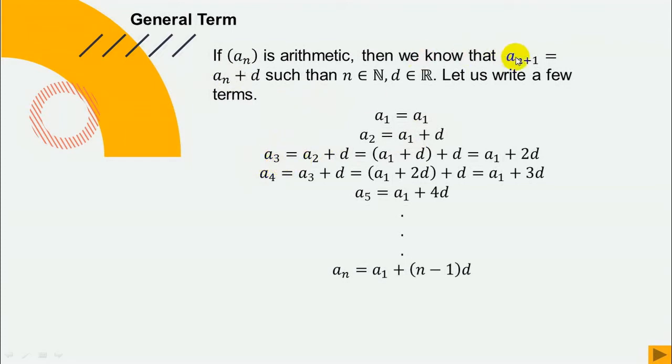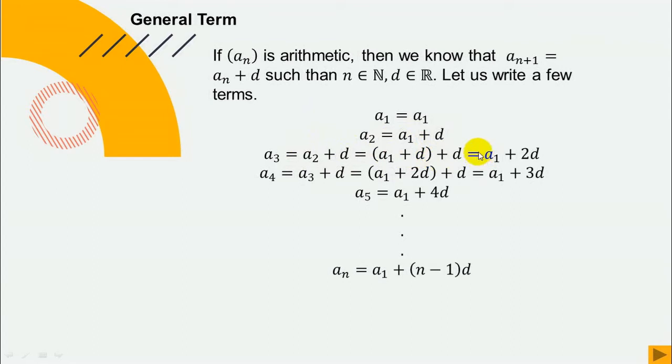So n is 2, 2 plus 1 is 3. And then in here, a_2 plus d, because we got a_2, the second term, is a_1 plus d, so you need to substitute a_2 to be a_1 plus d plus d.